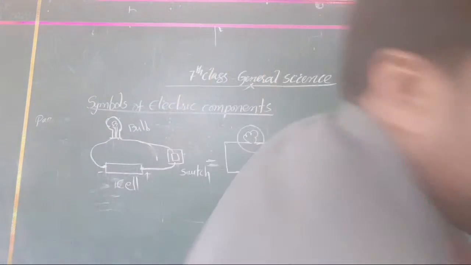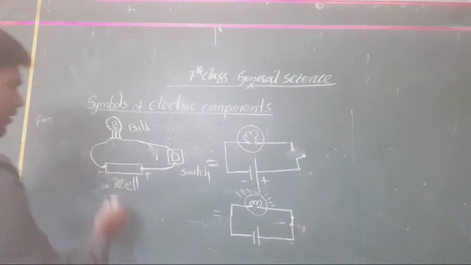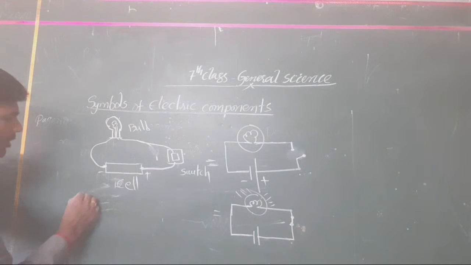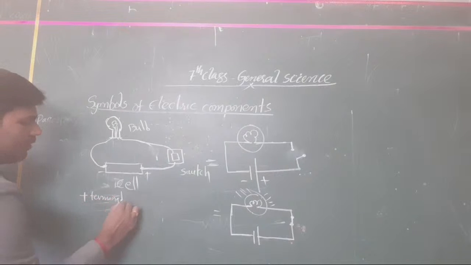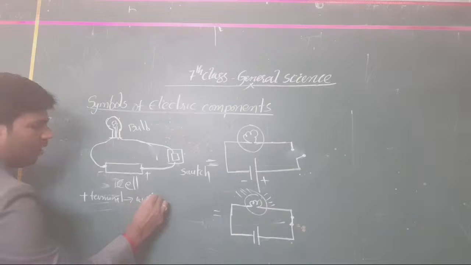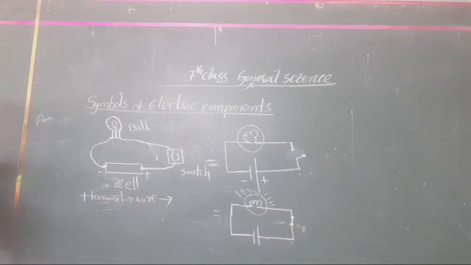In which way are we going to connect here? First, the positive terminal and one wire. Here, what we have taken is one terminal of the battery, and a wire.